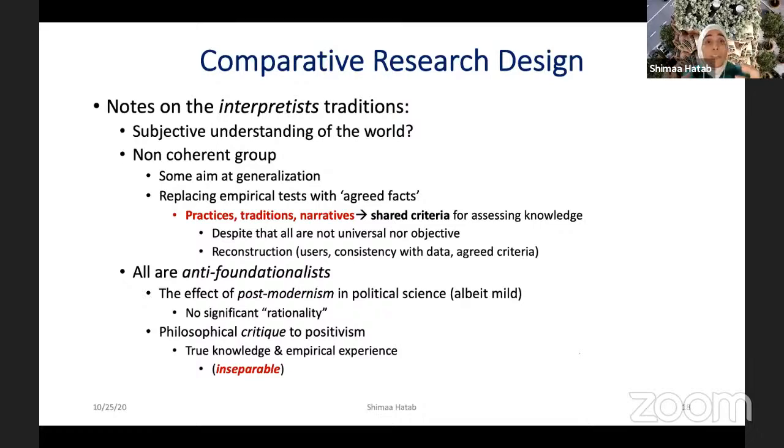But instead of conducting an empirical test, there is a shared criteria between us as a scholarly community on how we can understand how these practices, traditions and narratives are produced. Because we have this common agreement or agreed facts, they call it self-referential.